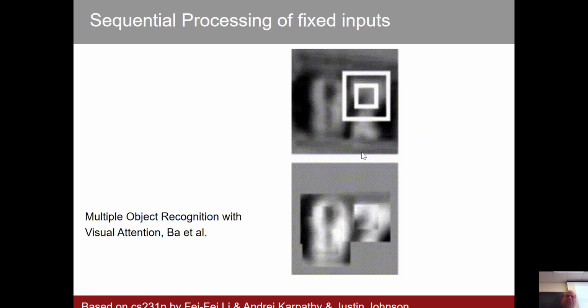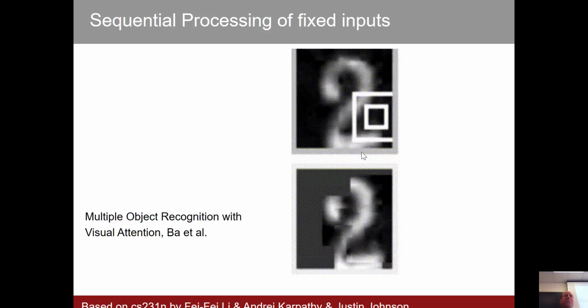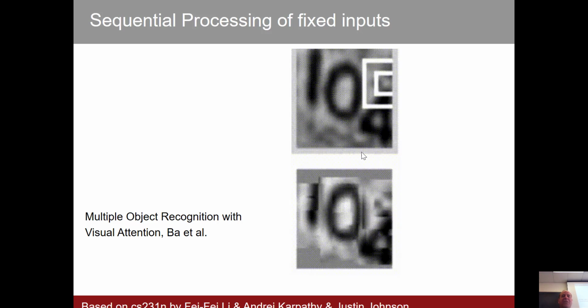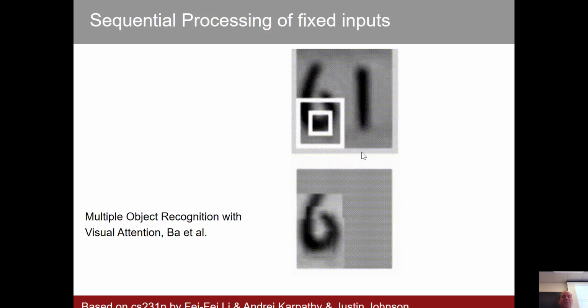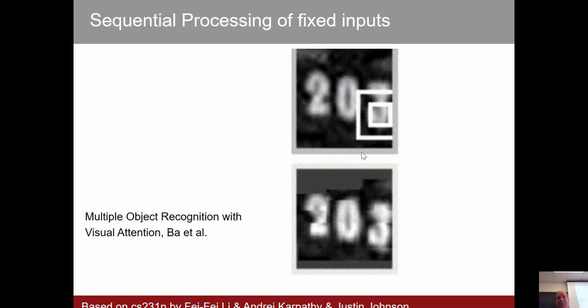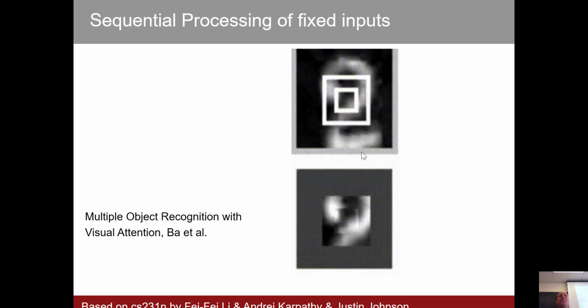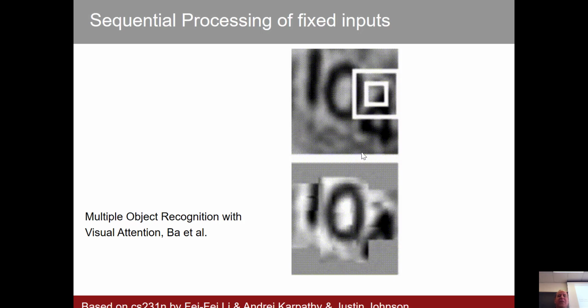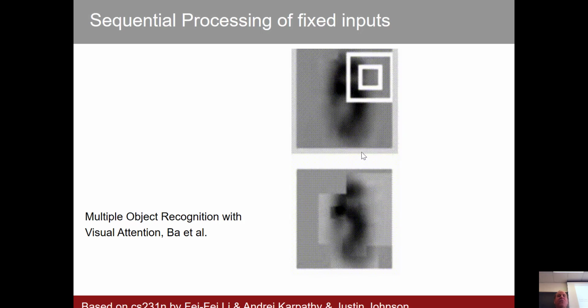This shows us just some of the applications that people have reported. So sequence processing of fixed input. So you have an image, and then you want to grab something from that image, and, for example, in this case, they're demoing a result of an application of a recurrent neural network, whereby they can read what's in that image.